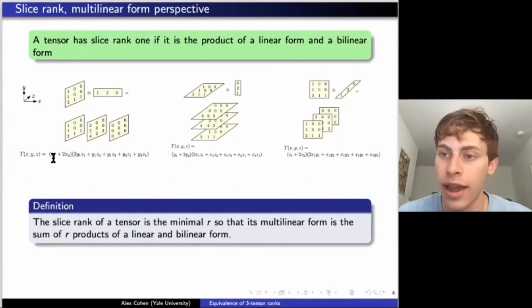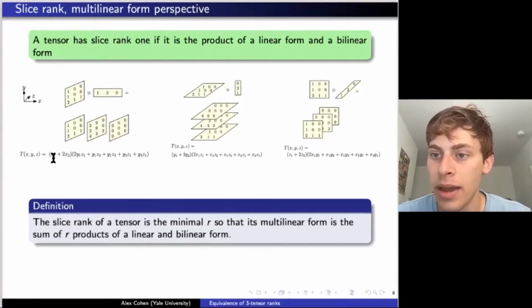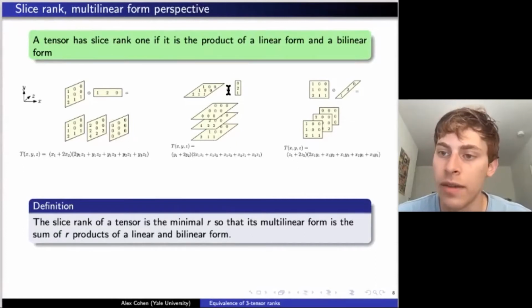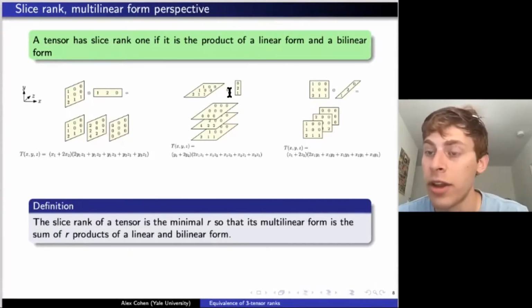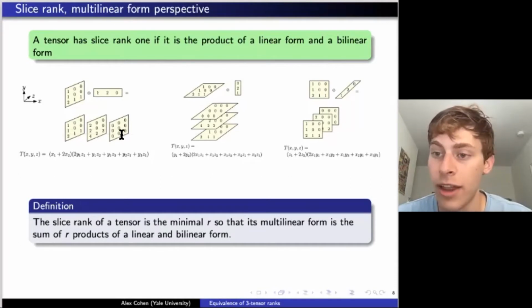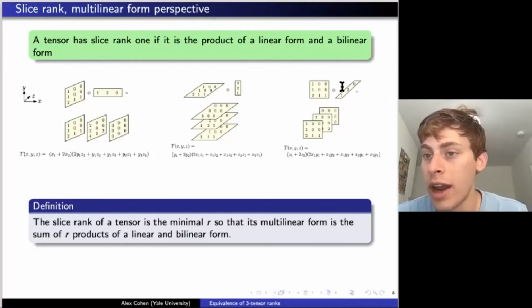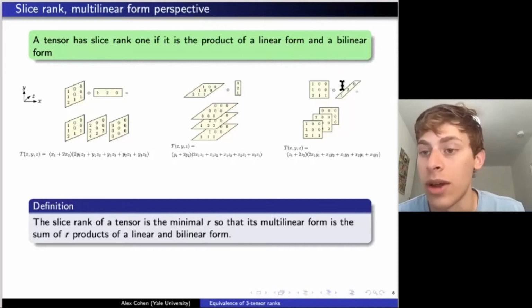And we take the product to get this trilinear form. We can choose any variable to be the linear form. We could choose the linear form to be x and the bilinear form to be y and z, the linear form to be y and the bilinear form to be x and z, etc. We just have to choose one to be the linear form. There are 3 different choices, and 3 very different ways to make a slice rank 1 tensor.